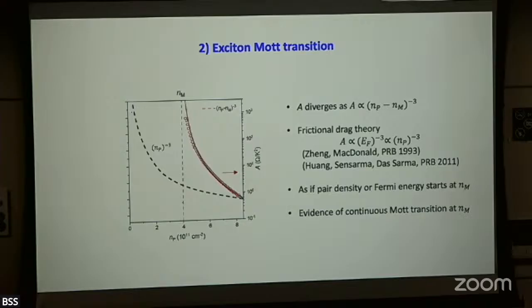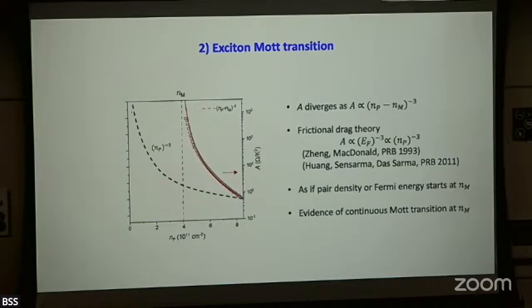Okay. So this diverging behavior is perhaps a good indication that we have a continuous phase transition. Right?